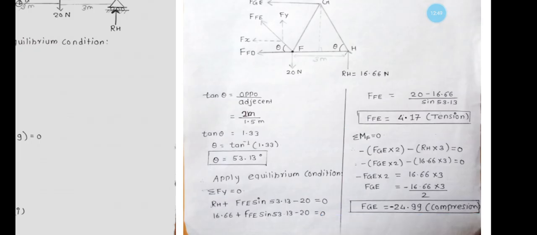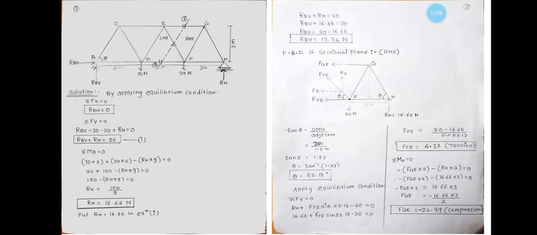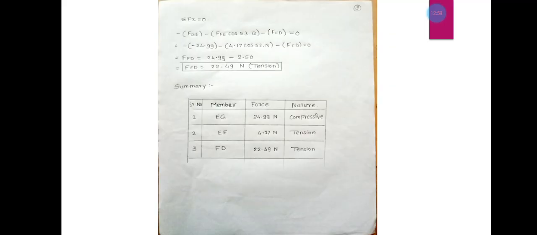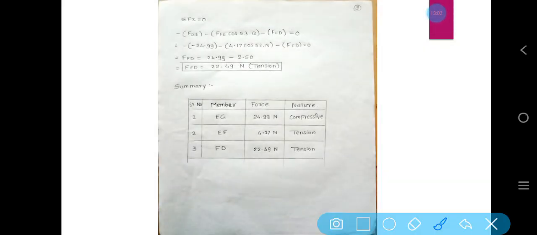So now we want to calculate FD force. So see here, after summation of moment and summation of vertical forces, we can apply summation of horizontal forces, in which we add all horizontal forces acting in a section of a truss. So the forces which are acting toward the right side are positive and which are acting left hand side are taken as negative.